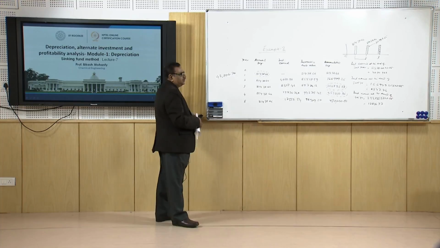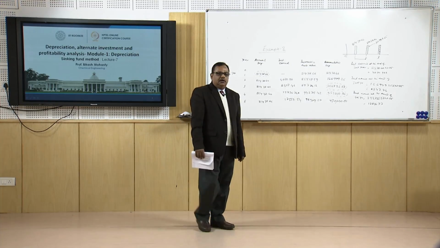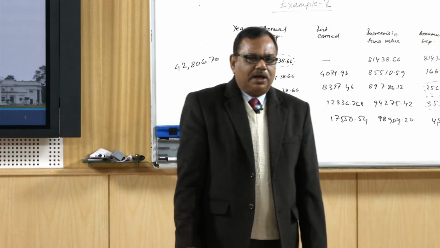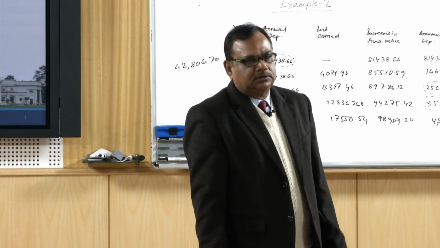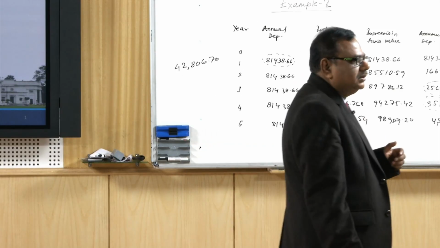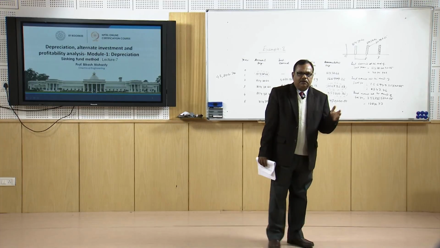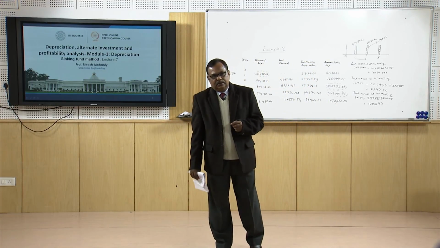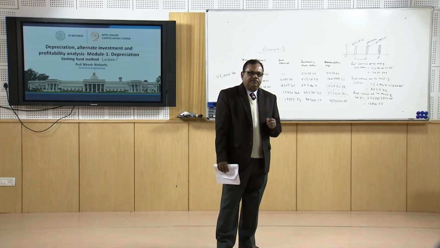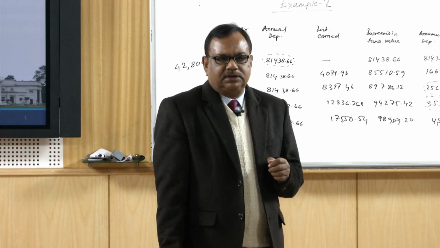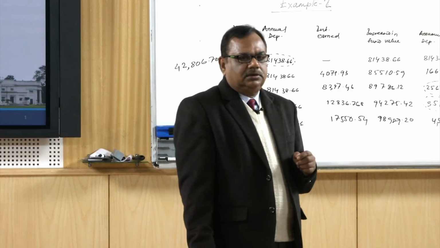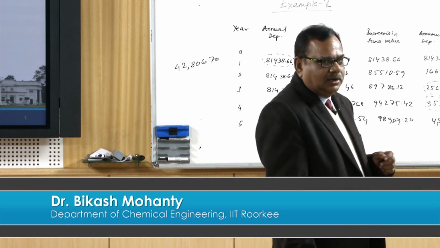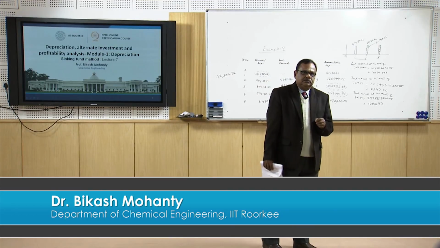Now, let us summarize. Sorry, this is the last but one lecture of module 1, that is depreciation. In the last lecture we will compare all the methods together. Here we have analyzed the sinking fund method.